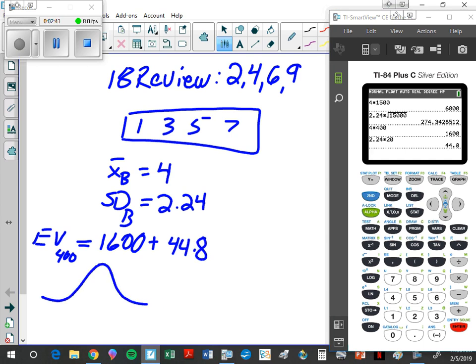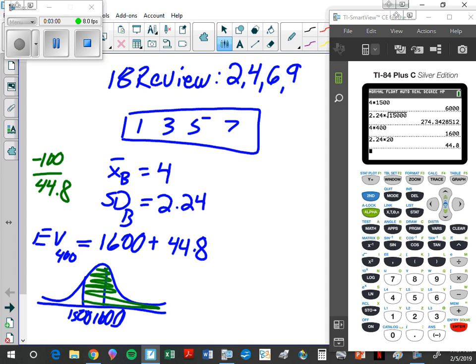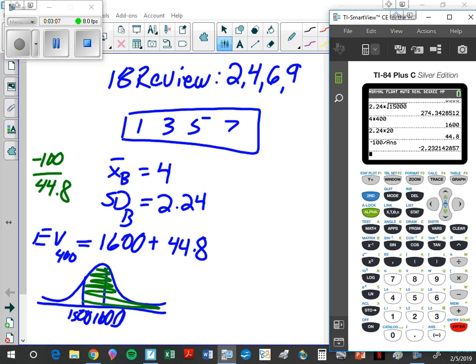So if my expected value is 1600, I want 1500 or greater. So that's going to be this shading here. That has a value of minus 100. We'll divide that by 44.8 to get our z-score. So negative 100 divided by 44.8, and I get a z-score of negative 2.23.